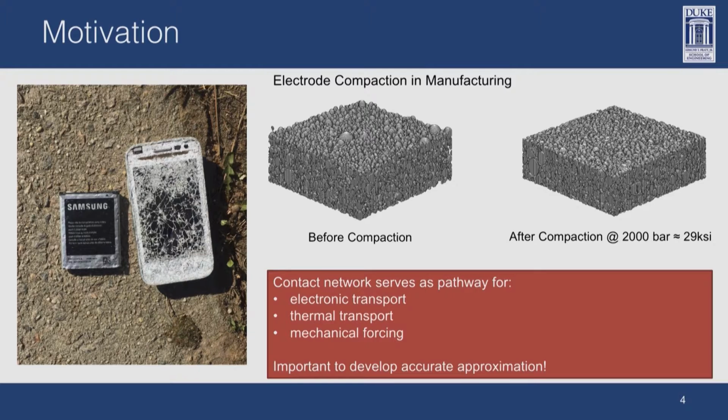As the contact network between all these particles serves as a pathway for electronic transport, thermal transport, and mechanical forcing, it's important to develop an approximation for this contact network and then see how fracture might affect contact pathways.